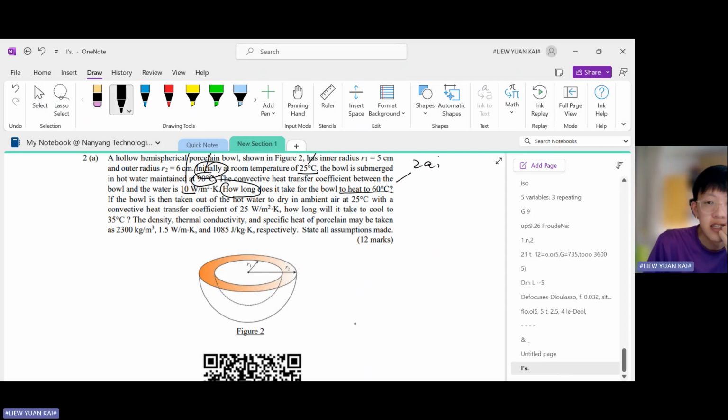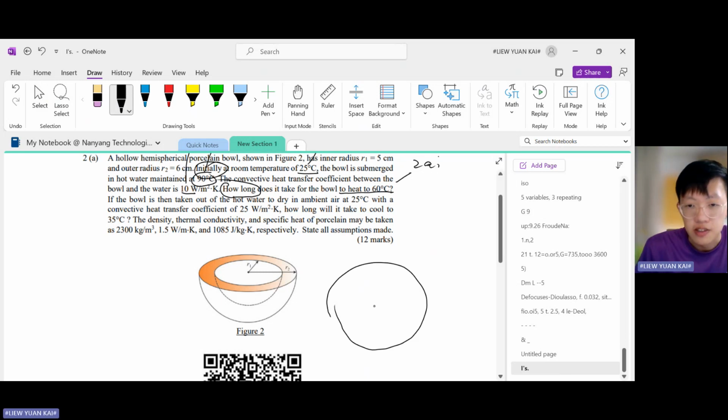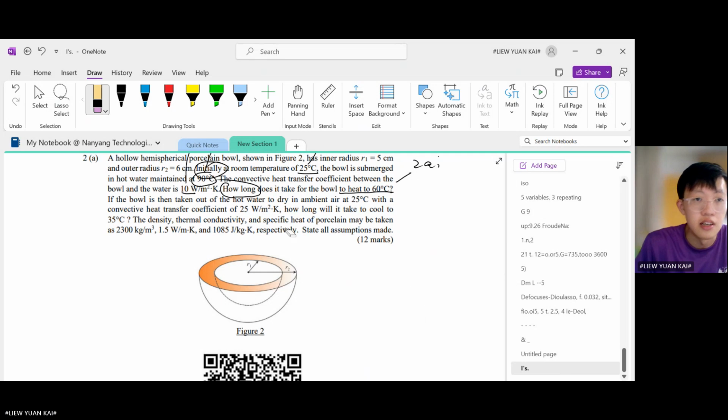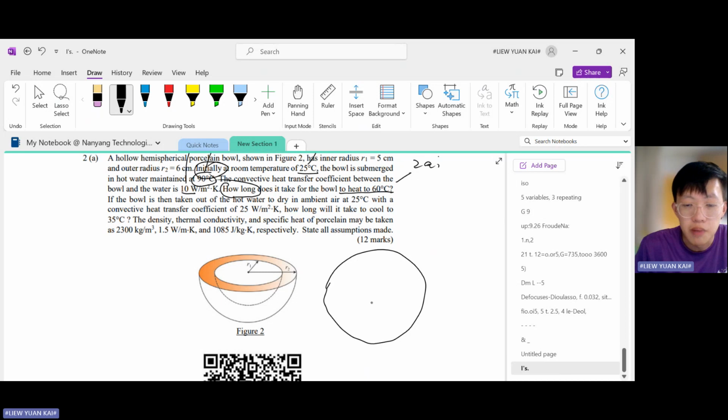First thing is, I'm going to start with a sphere with radius R2. And what I'm going to do is scoop out another smaller sphere of radius R1 inside of it.